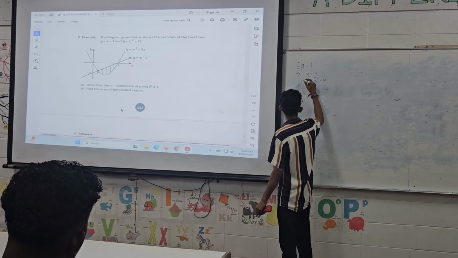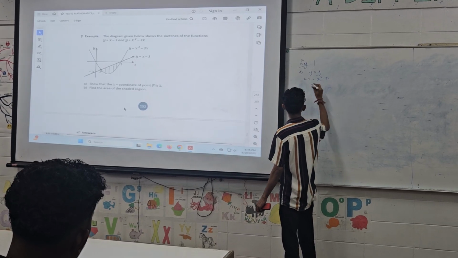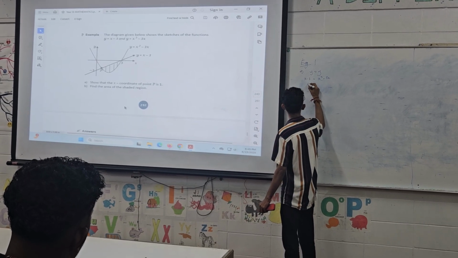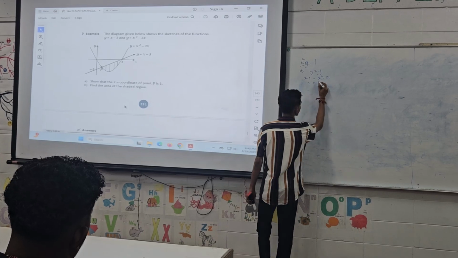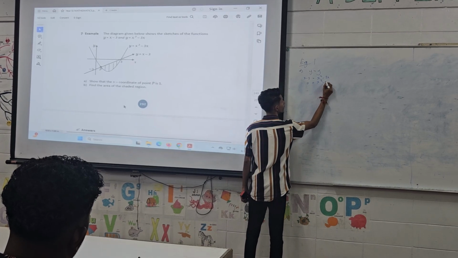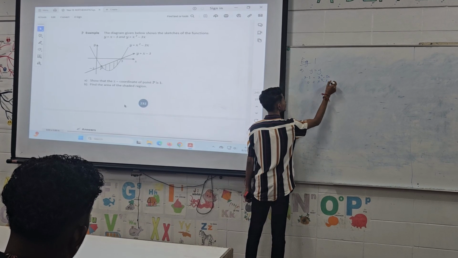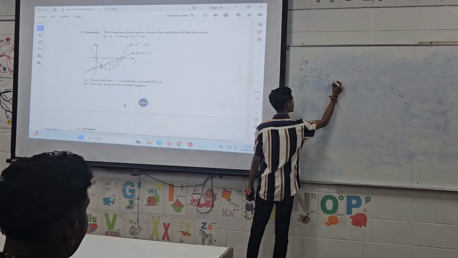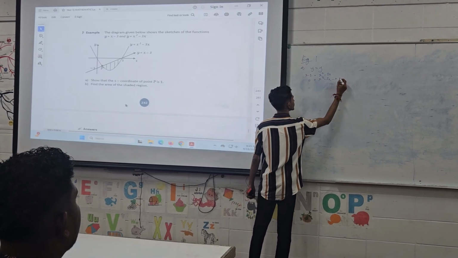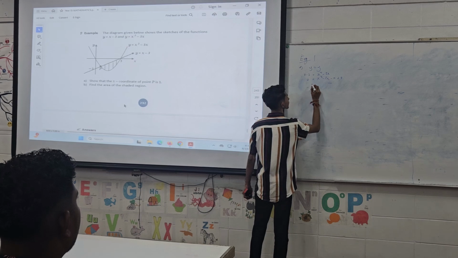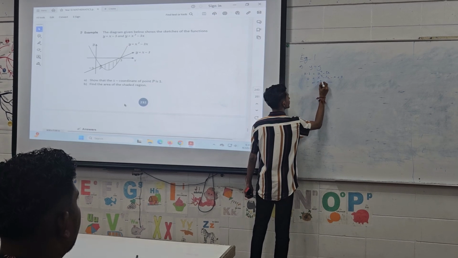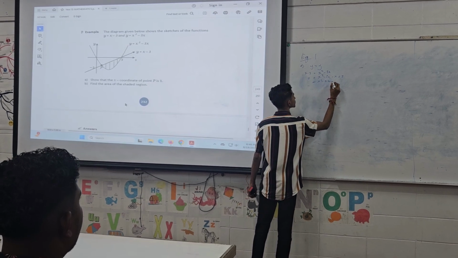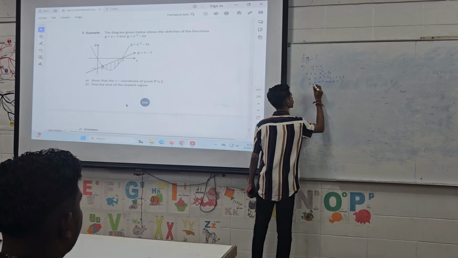We take x minus 3 to this side and this side will become 0. x squared minus 3x, the x we take to that side will be minus x, and minus 3 will be plus 3. So x squared minus 4x plus 3 equals 0.